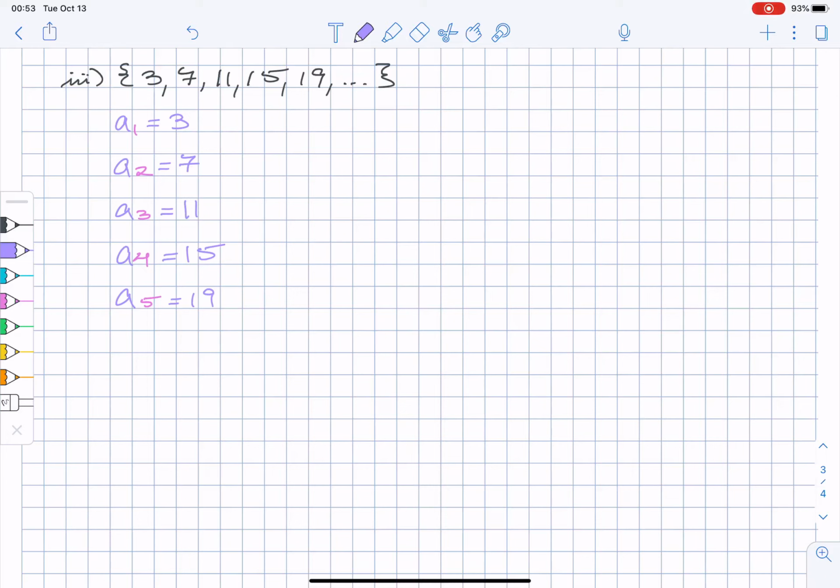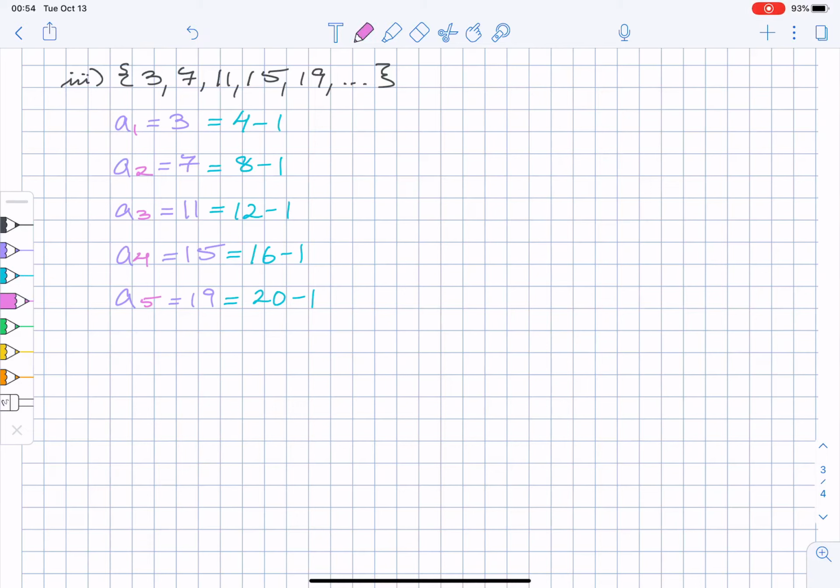Well, I claim that this is 4 minus 1, 8 minus 1, 12 minus 1, 16 minus 1, 20 minus 1.